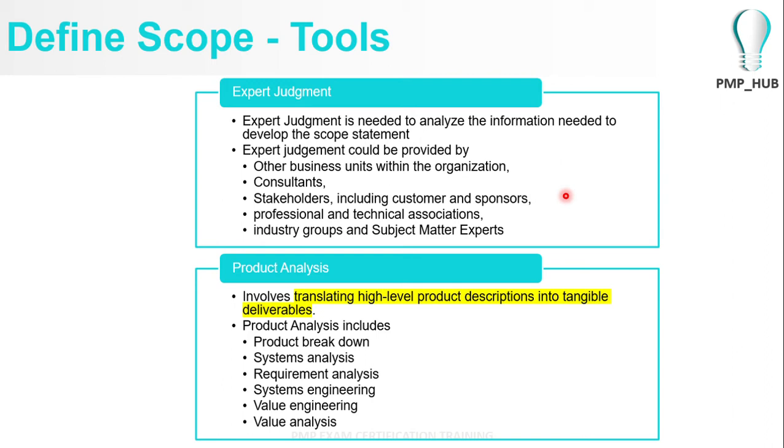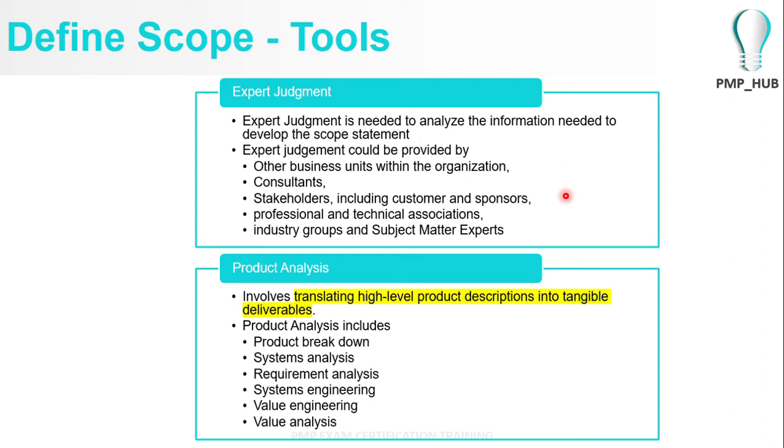Or you might tap other business units, like the enterprise risk management unit we discussed once, which deals with some specialized work of your organization, so that their domain expertise will come in handy when defining the scope.